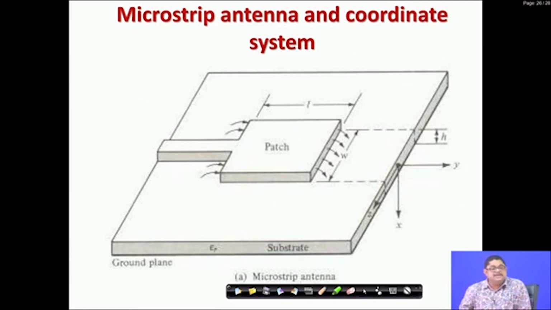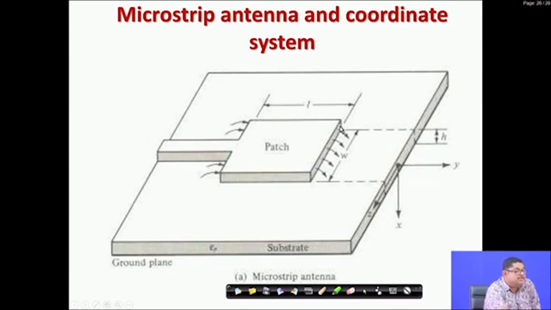If I take lambda g by 2, the aperture fields present here and here are in opposite phase. So, I can consider that I have an aperture here and an aperture here, and they are forming a 2 element array, where the inter-element separation is lambda g by 2.